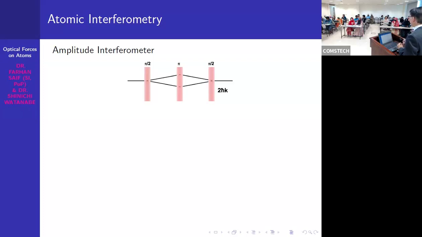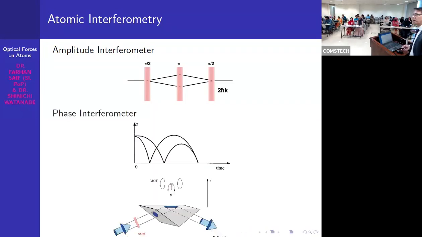For example, gravimeters, which are very popular today, are based on this Mach-Zehnder interferometer, or there are measurements of G and so on. We shall discuss those devices as well, which are based on this Mach-Zehnder interferometer. This is sometimes named the amplitude interferometer because it divides the amplitude of the field in these two directions.